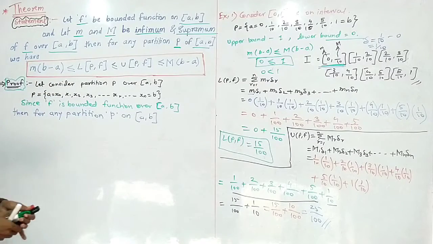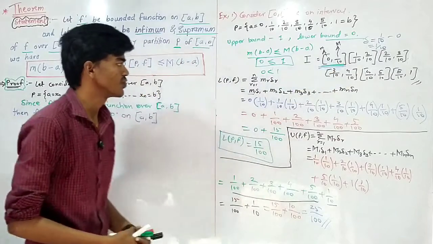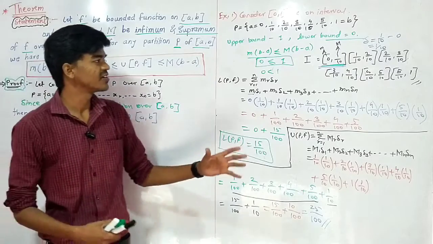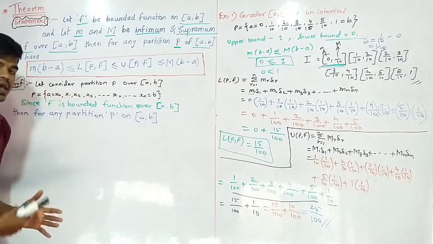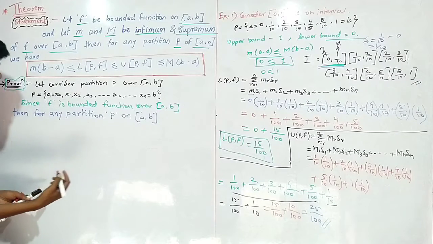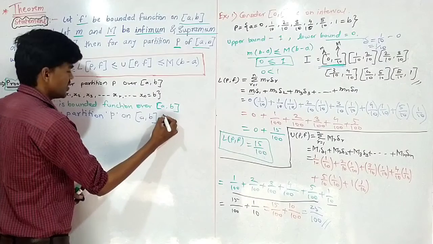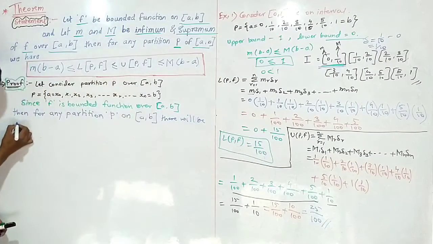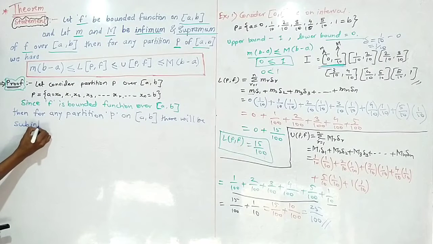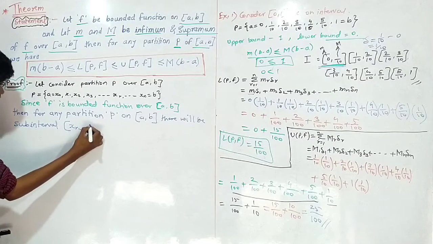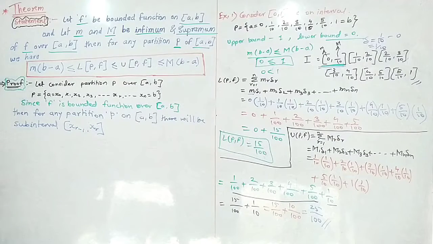Okay, there will be sub intervals like this. So we can define the interval I_r as [x_(r-1), x_r], which are the sub intervals over [a, b].